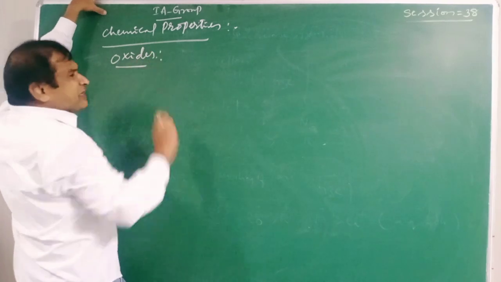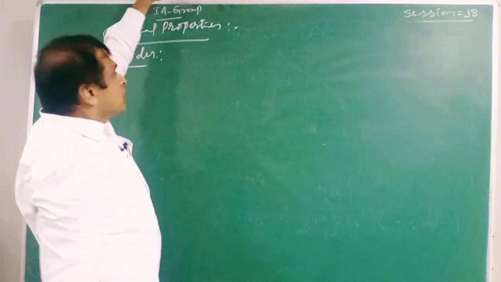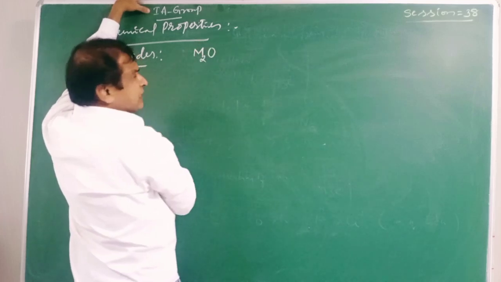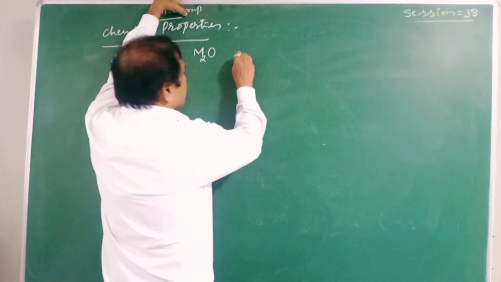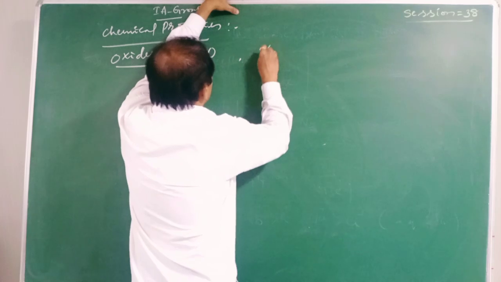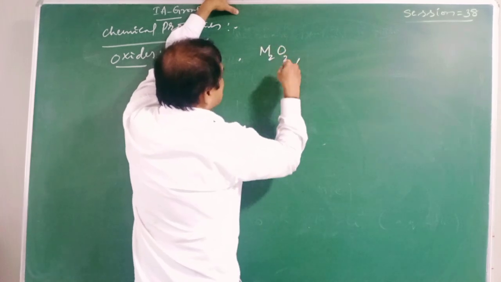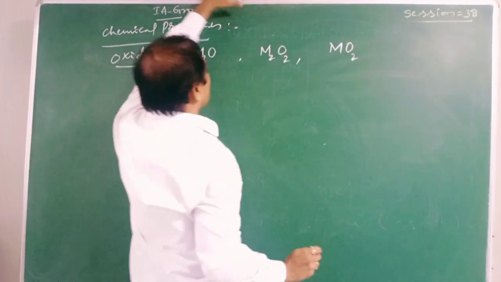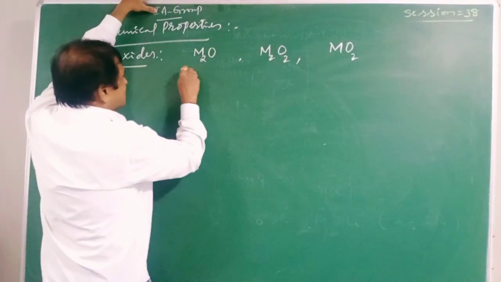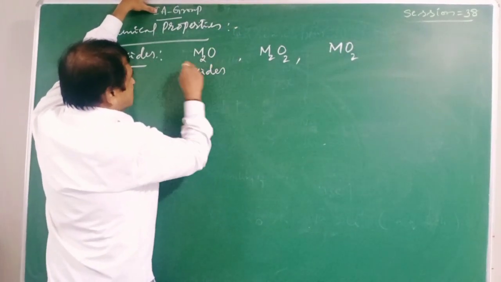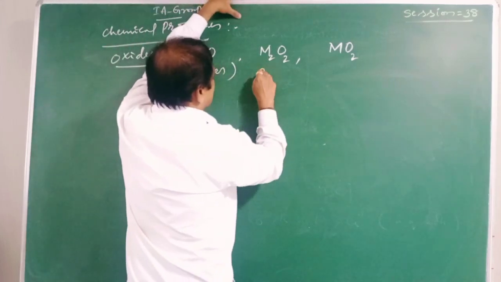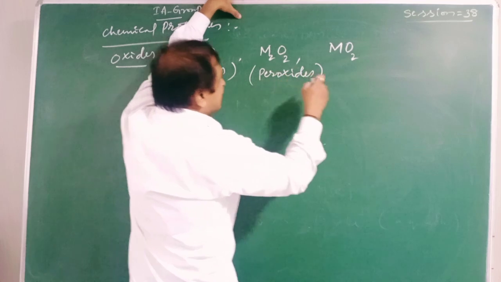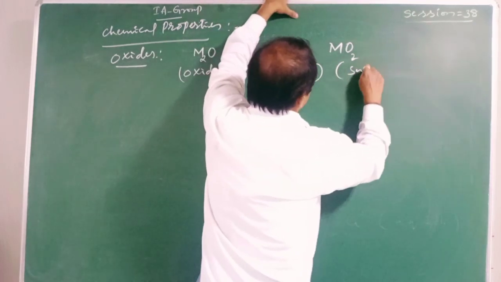Alkali metals can form M2O type monoxides, M2O2 type peroxides, and MO2 type superoxides. Those are the oxides: monoxides, peroxides, and superoxides.